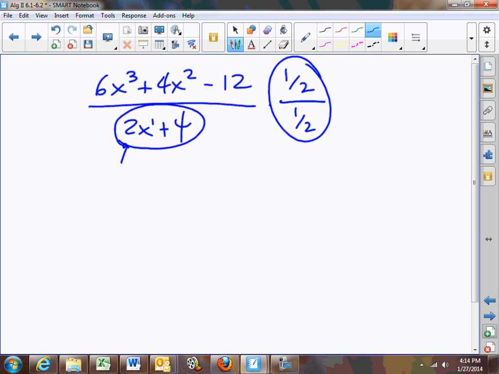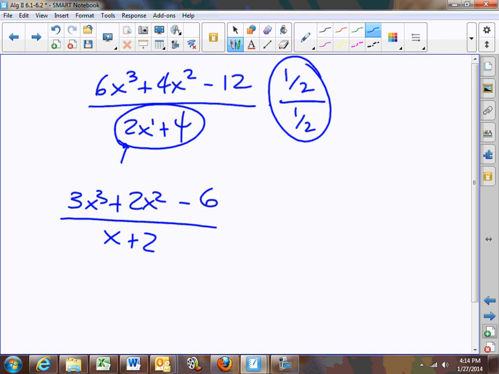So 6x cubed times 1/2 is 3x cubed. 4x squared times 1/2 is 2x squared. Negative 12 times 1/2 is negative 6. Now in the denominator we get x plus 2, because 2x times 1/2 is x, and 4 times 1/2 is 2. So now we're ready to do synthetic division.